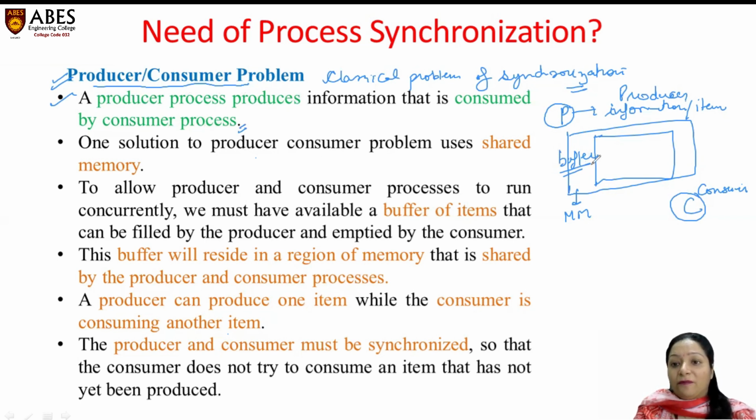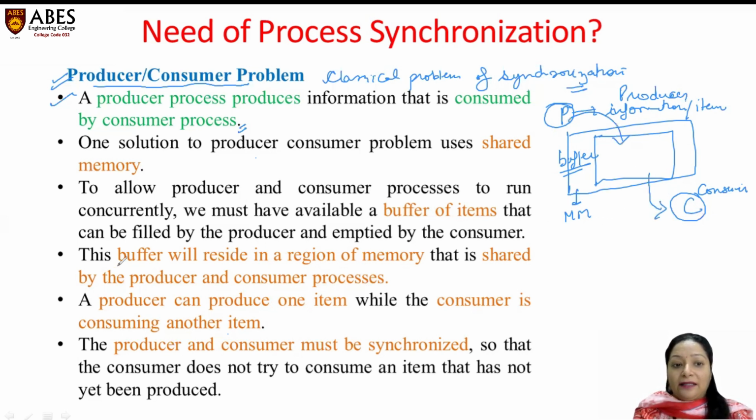We can understand this by an example. Like we have a web server which produces web pages that are being consumed by the clients using various web browsers. So the producer and consumer are sharing this memory space, and in this memory space we have a buffer of items that can be filled by the producer and consumed by the consumer.